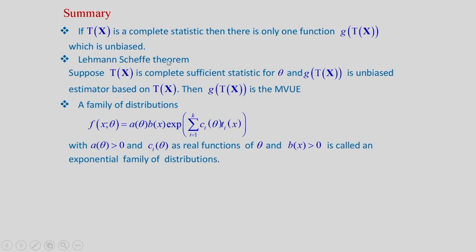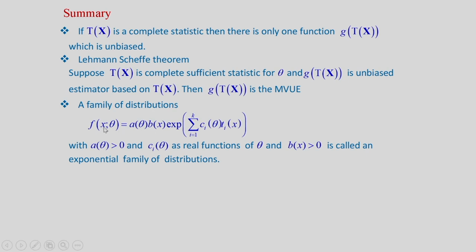Then Lehmann-Scheffé theorem: suppose Tx is a complete sufficient statistic for theta and g Tx is unbiased, then g Tx must be an MVUE. So, if we have a function of complete sufficient statistic which is unbiased, then that must be an MVUE.